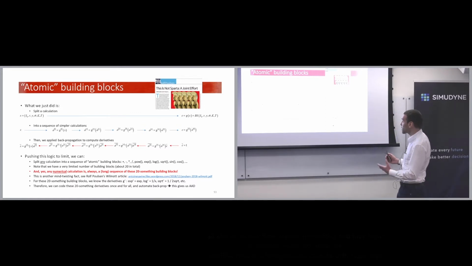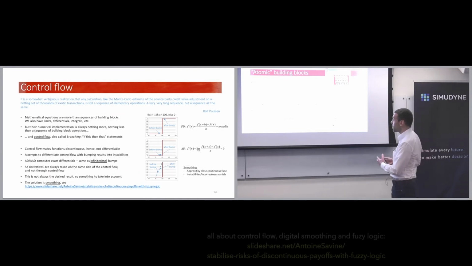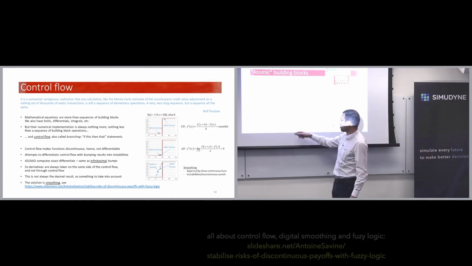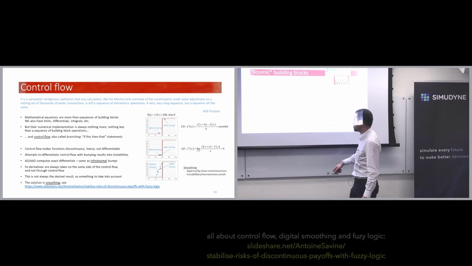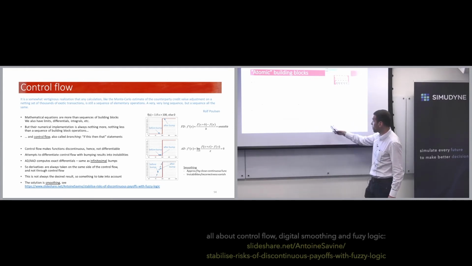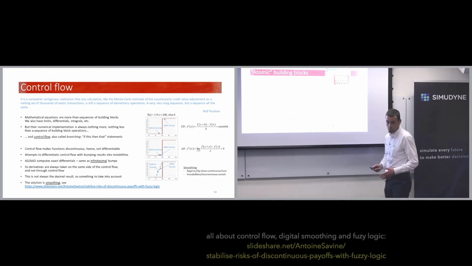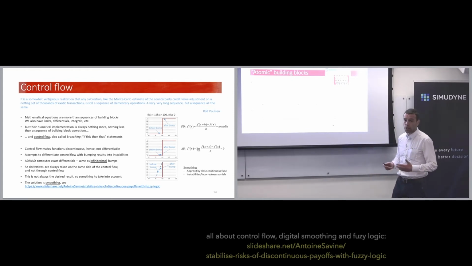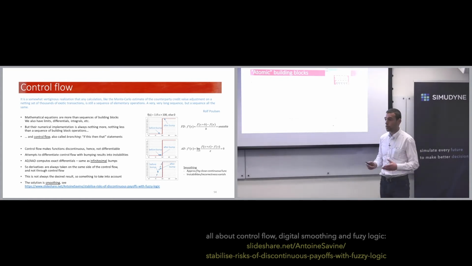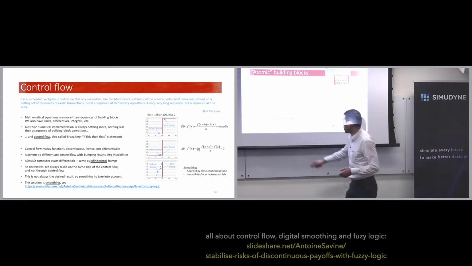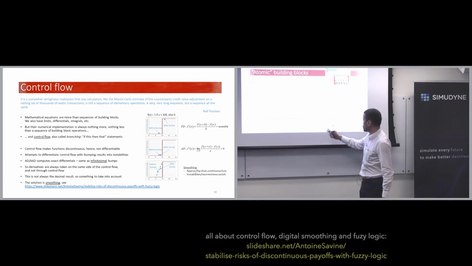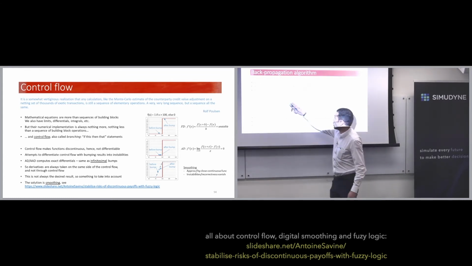So you had a question about control flow. Control flow is somewhat painful, not only for AAD, but for any kind of differentiation algorithm. It doesn't work much better with, say, finite differences. The problem of control flow is that it makes your function discontinuous, and a discontinuous function is not differentiable.